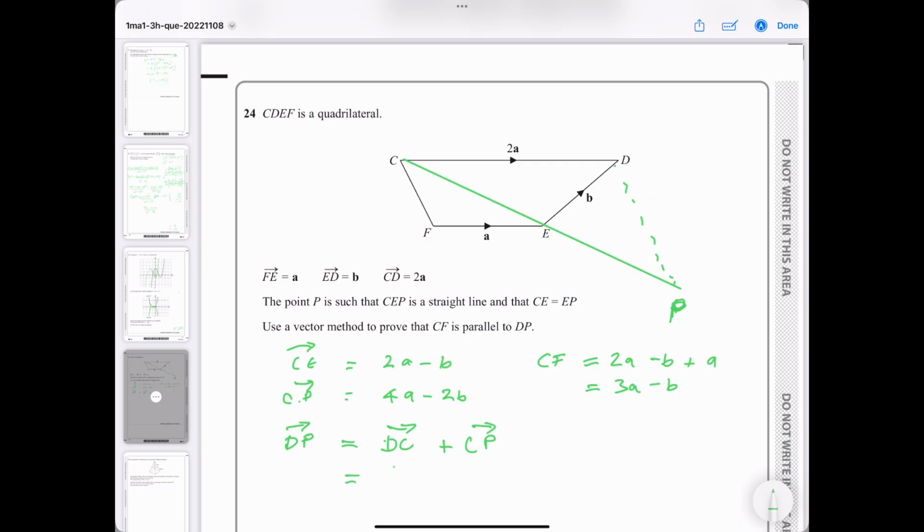And so DC is minus 2A plus CP, which is 4A. So CE does equal that. And CEP, hold on, point P is such that CE, yeah, okay. So that is minus 2A plus 4A minus 2B.